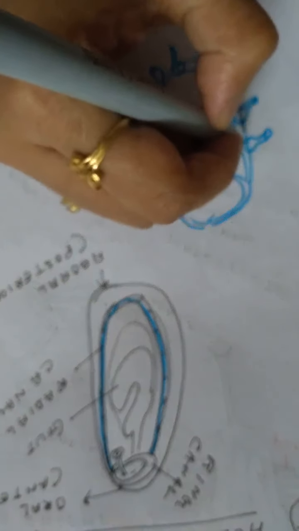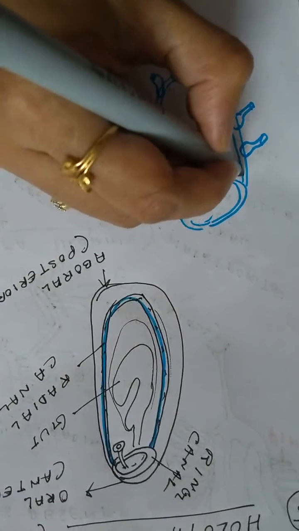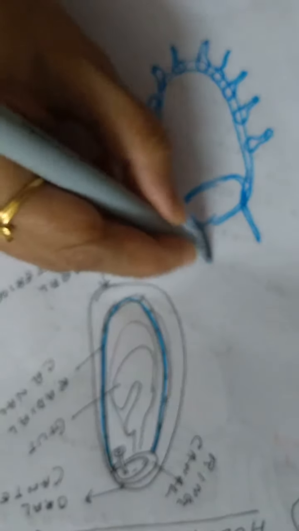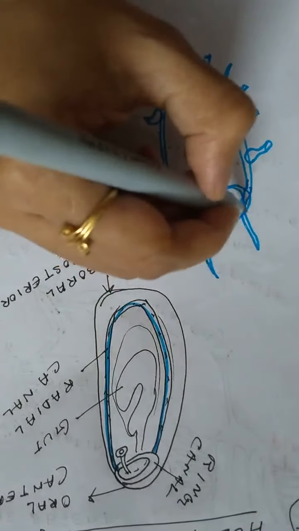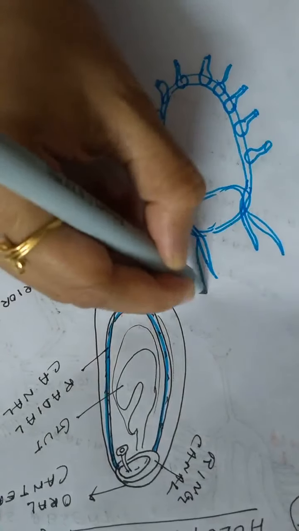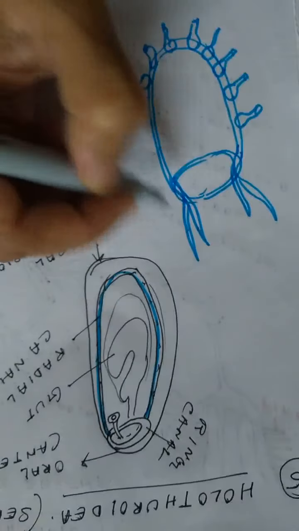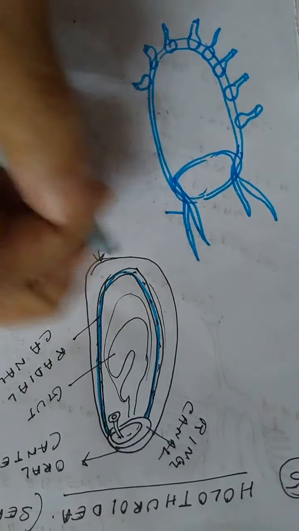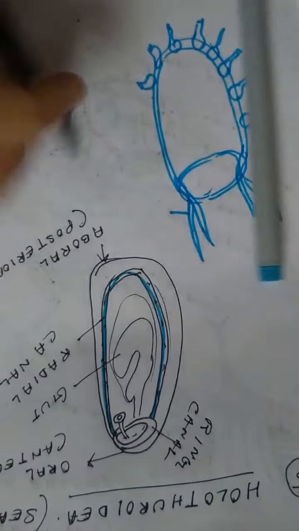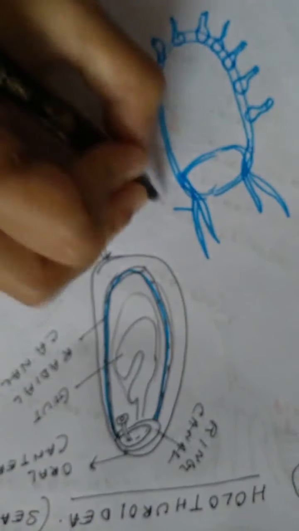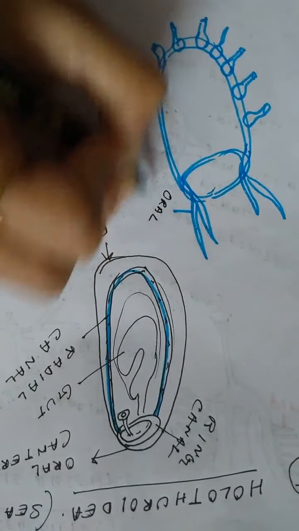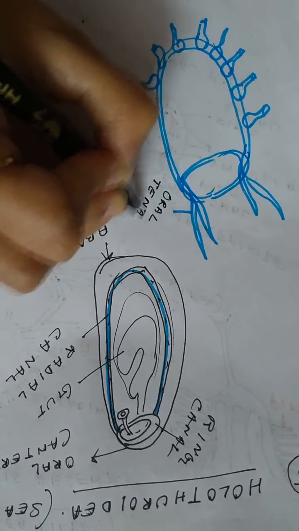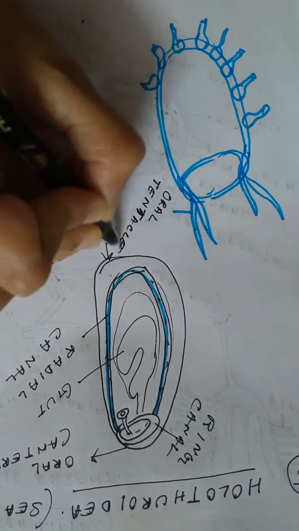Before giving off the feet, this radial canal actually gives rise to a tactile structure known as the oral tentacles. Oral tentacles.